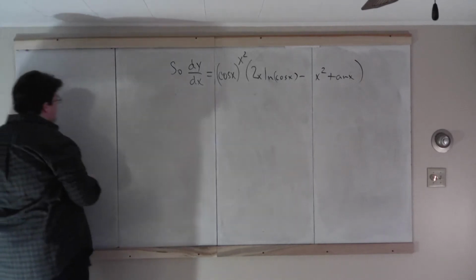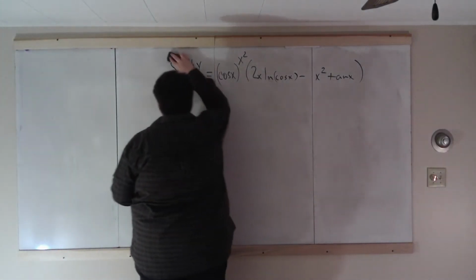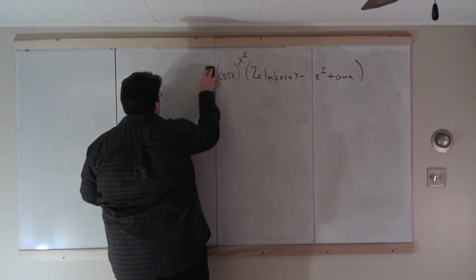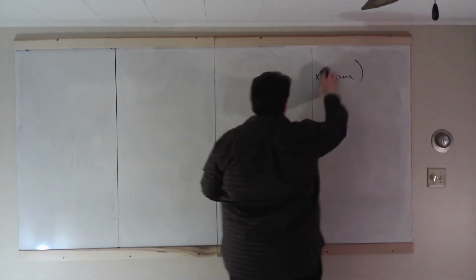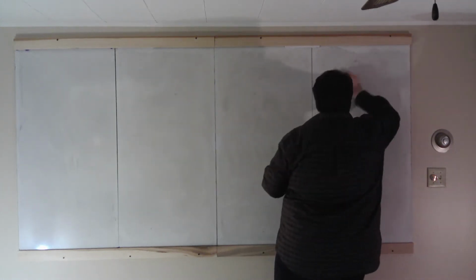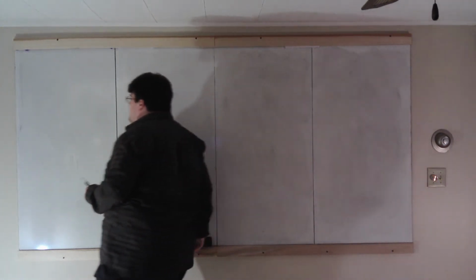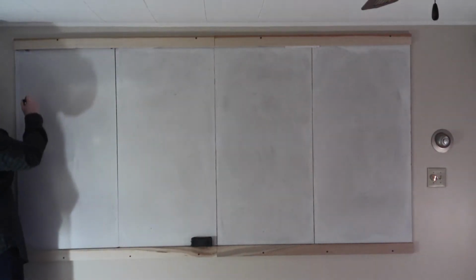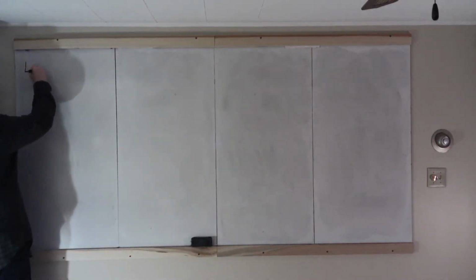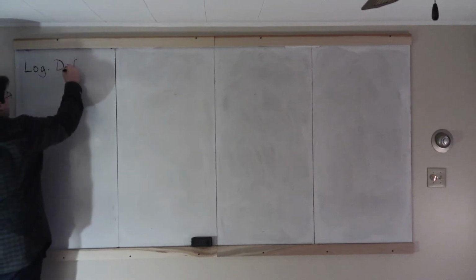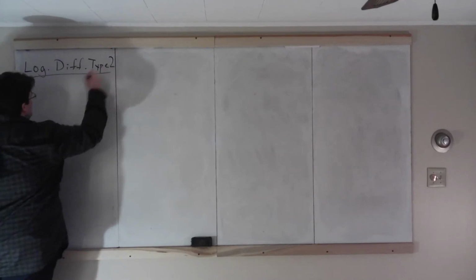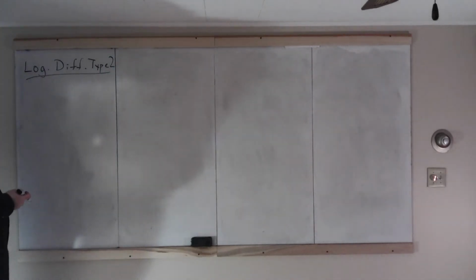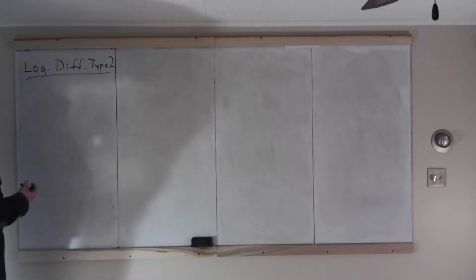The second type takes a good deal of writing, so I'm going to erase the entire board. For the second kind of logarithmic differentiation problem, log diff type 2. In your notes, it may be worth putting log differentiation type 1 before the x to the x example.